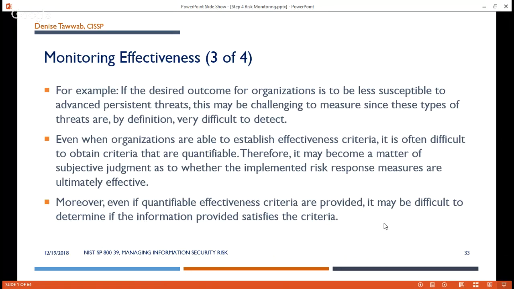Therefore, it may become a matter of subjective judgment as to whether the implemented risk response measures are ultimately effective. Even if quantifiable effectiveness criteria are provided, it may be difficult to determine if the information provided satisfies the criteria. That'll keep you up at night.